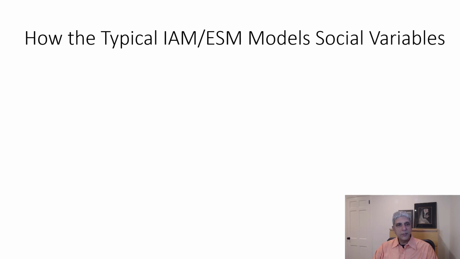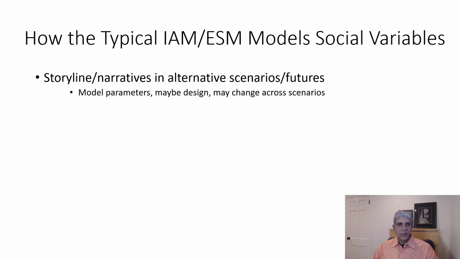So let's dig a little bit deeper into how IAMs and ESMs represent these social variables or attributes of households. So one way they do it, which is the simplest way, is to develop storylines or narratives for different scenarios in which they run their model. And so they would have parameters in the model that would be set at different values under these different scenarios.